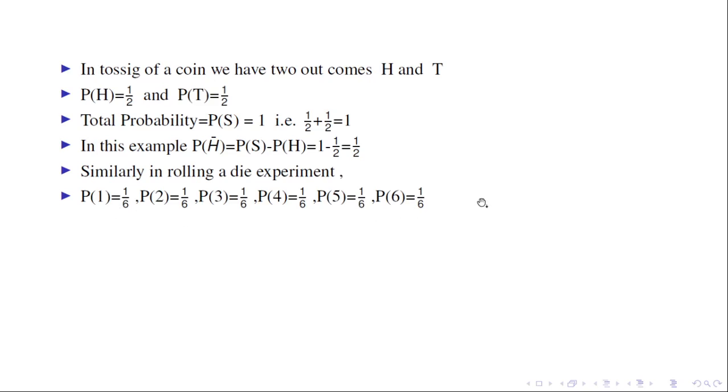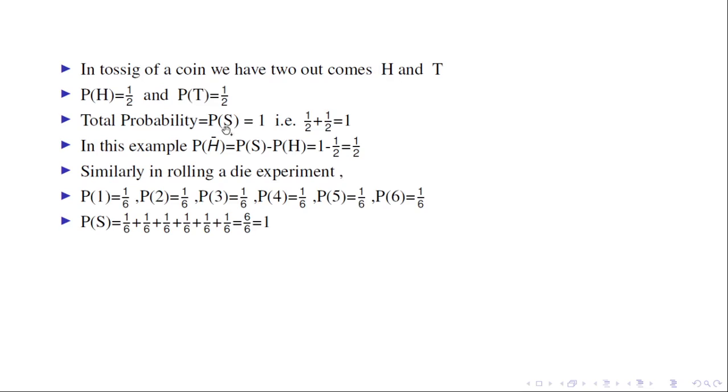So these are the probabilities of getting faces 1 up to 6, and probability of S is 1. Here also S is the sum of mutually exclusive events.